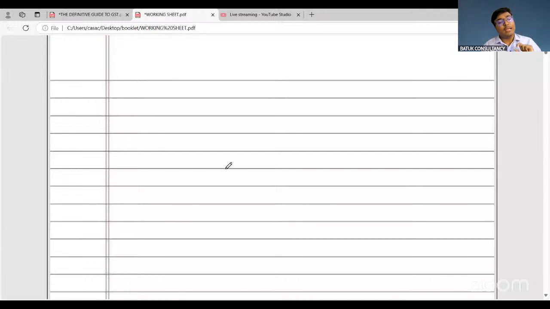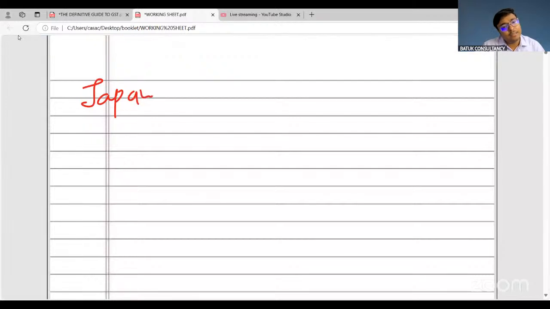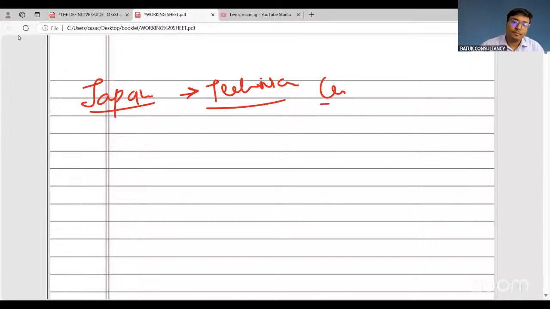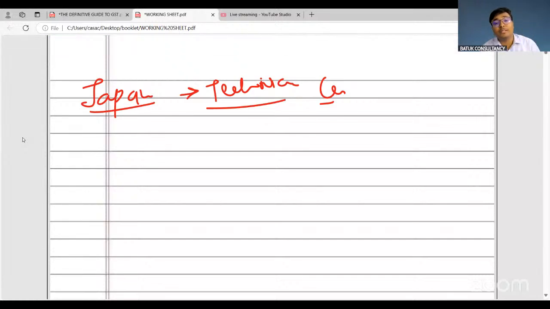The point is, suppose I have taken certain technical consultancy from Germany, or from Japan, and that consultancy is not related to my business. It has nothing to do with my GST training. There is no relationship between the consultancy I have taken and my business.